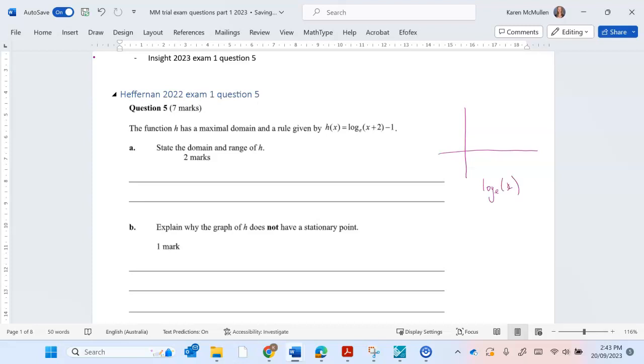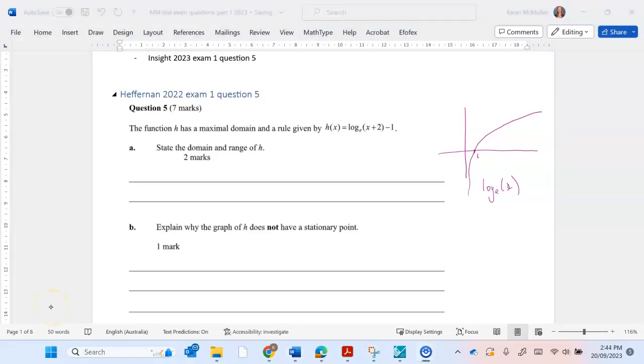Okay, so your normal log graph comes up, crosses your axes, and keeps going. Now, this point that it crosses is when y is equal to 0 on your x-intercept, so that is going to be 1.